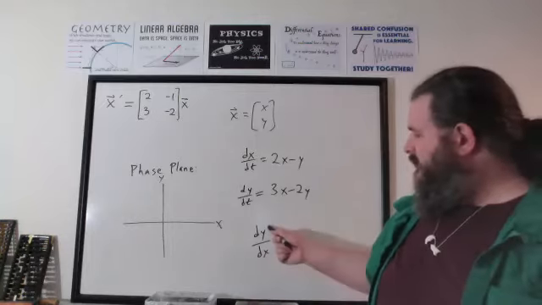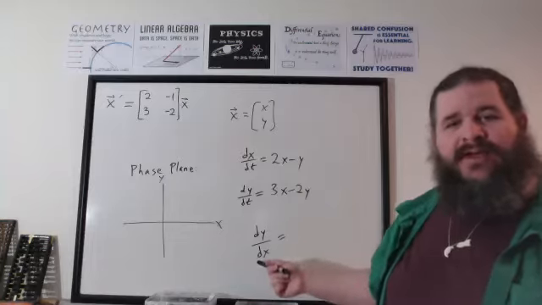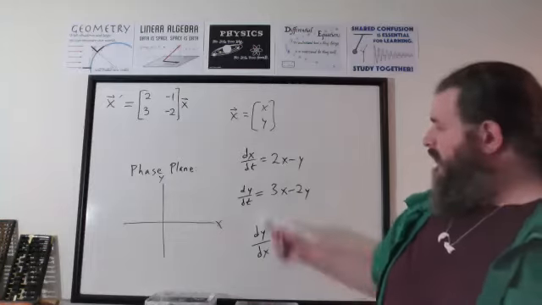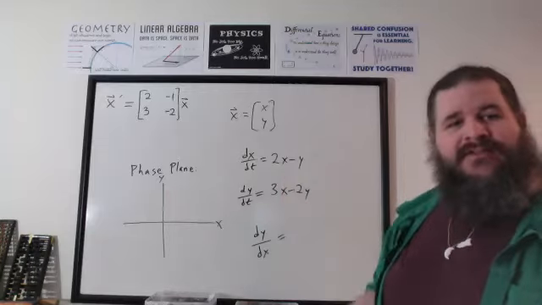We want something about dy divided by something about dx, how fast y is changing divided by how fast x is changing. And we have something about how fast y is changing and something about how fast x is changing.